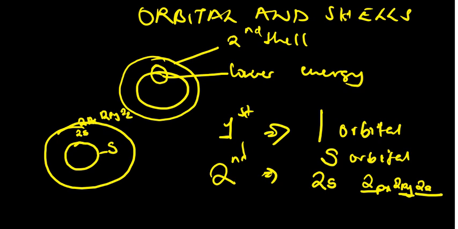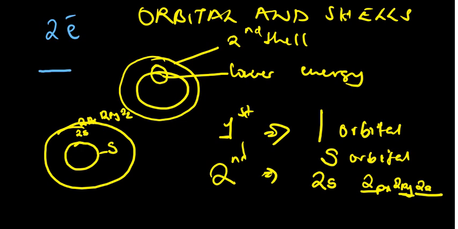Within this second shell we have more orbitals, and you must know that in every orbital we can expect an electron to be found. So having said that, the maximum number of electrons that you can find in an orbital is just 2 electrons.